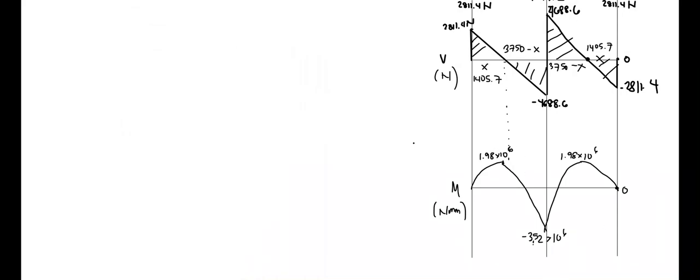And the maximum moment is found at the midspan. There is a value of negative 3.52 times 10 raised to the power of 6 Newton millimeters.